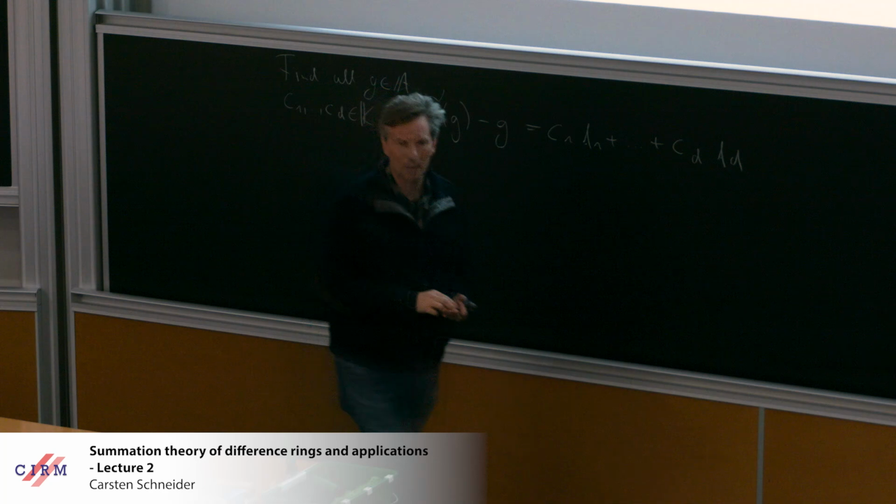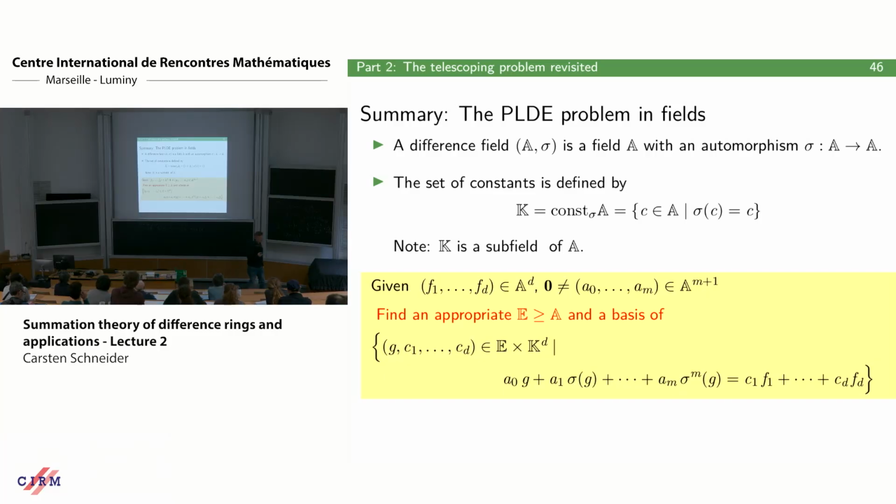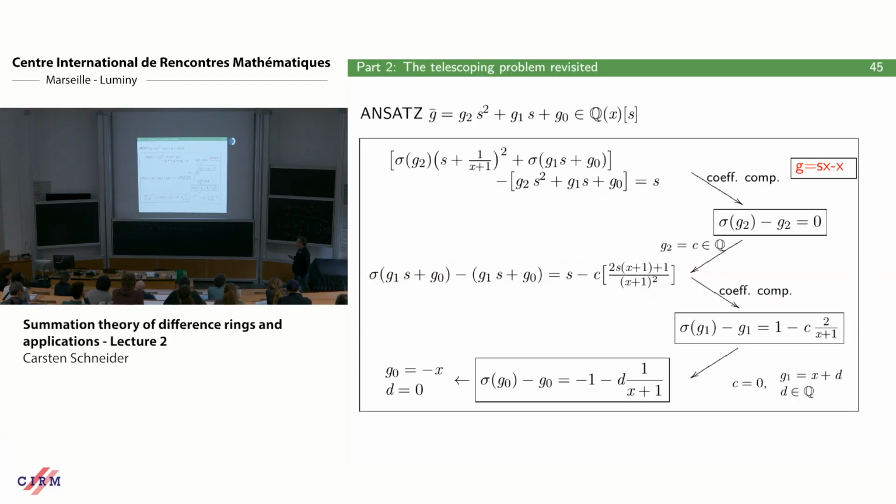This was another problem. And now you see, I managed to do a degree reduction and also a tower reduction, but I have to solve a more general problem. Instead of solving the telescoping problem, I have to solve the parameterized telescoping problem. Okay?